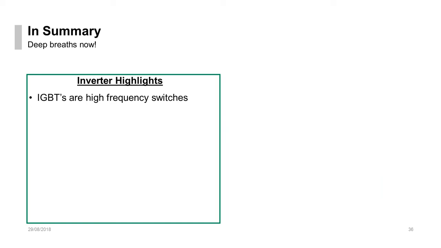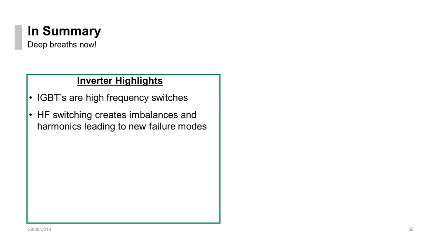So we can take a bit of a breath here and think about the highlights of this conversation. First of all, inverters have IGBTs, and IGBTs are just high frequency switches. This high frequency switching creates imbalances in harmonics that lead to failure modes that you may not have experienced before.